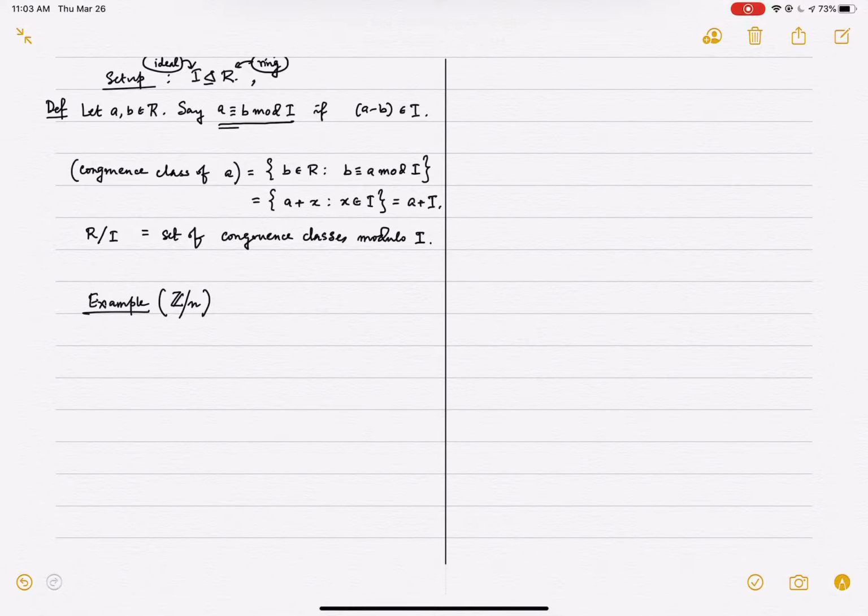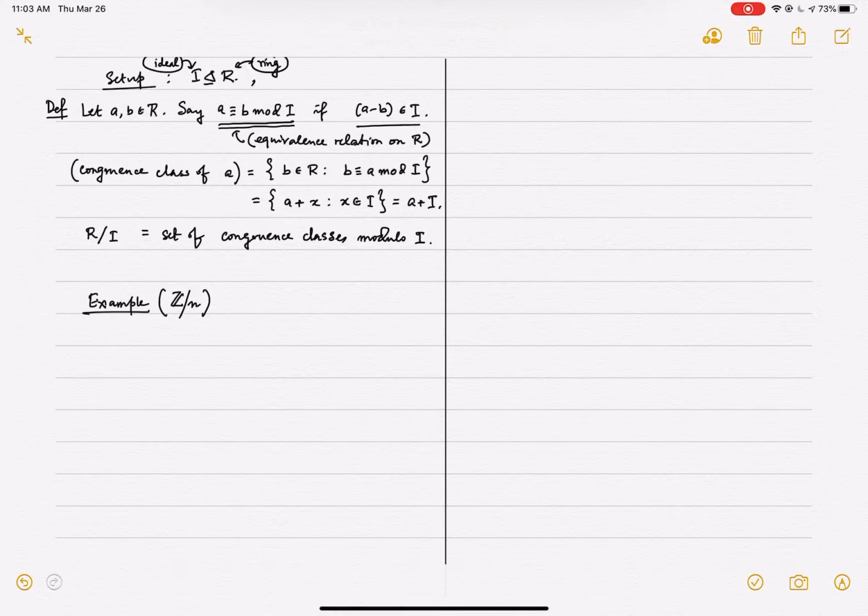A is congruent to B mod I if the difference of the two elements A minus B is in I. And we showed that this triple equality sign is an equivalence relation on R. And because it's an equivalence relation on R, it defines a partition of R. So it splits R into subsets, and these subsets are called congruence classes.